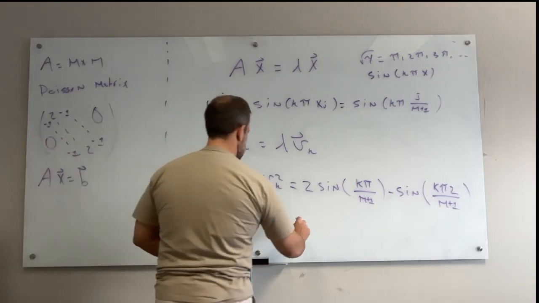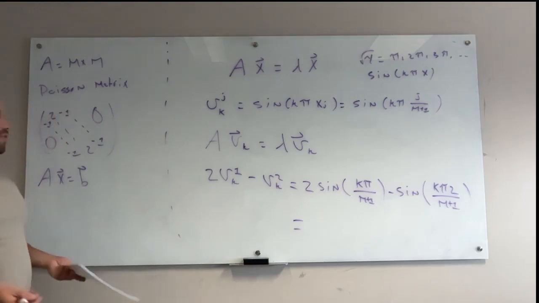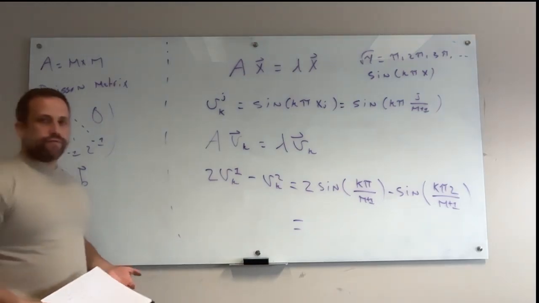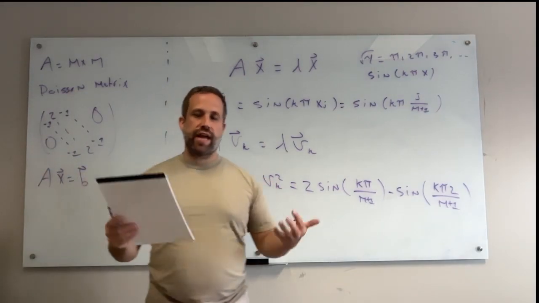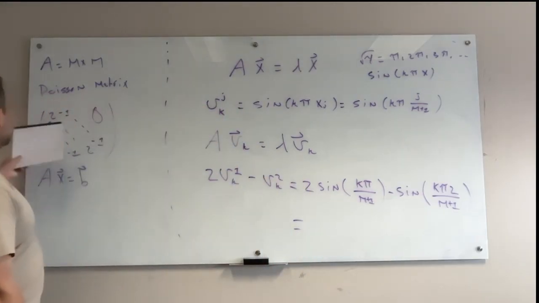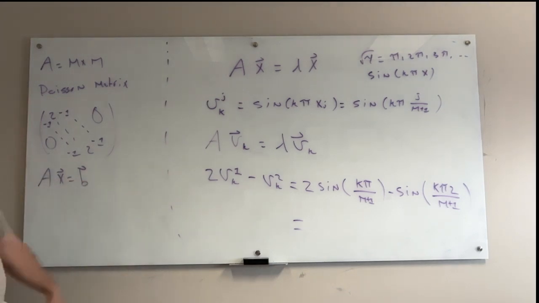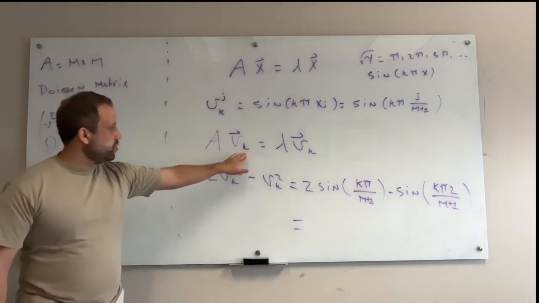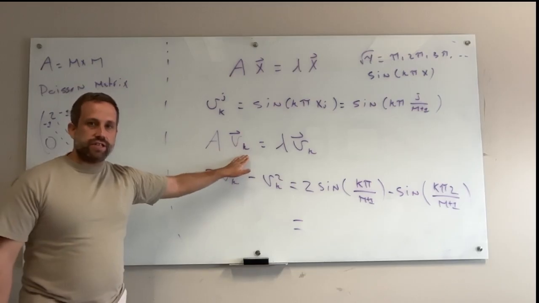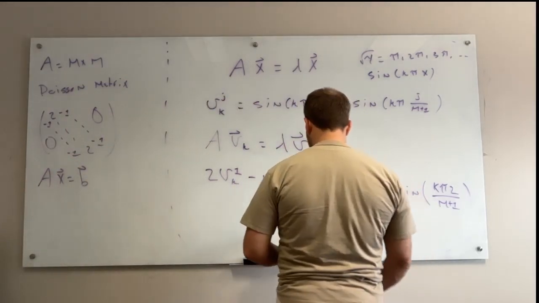Okay. And now what can we do here? Well, you're going to have to use one of these trig identities. Now I'm going to show you how to do it for the 2 minus 1. But for the second entry, it's going to be minus 1 times the first entry plus 2 times the second entry minus the third entry. Anyways, when you do this and rearrange, you're going to get the following.